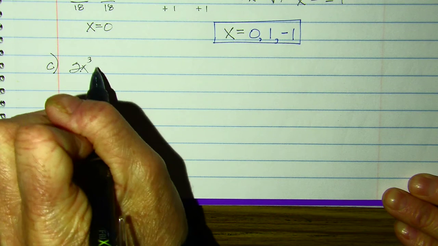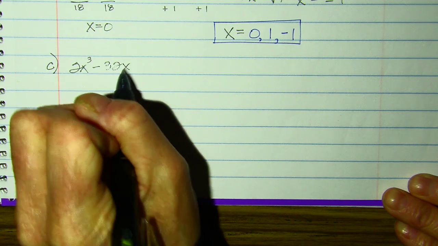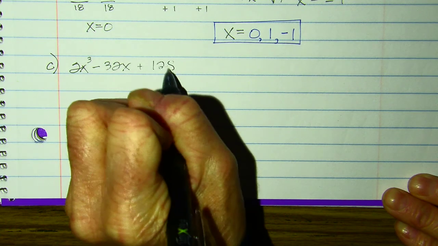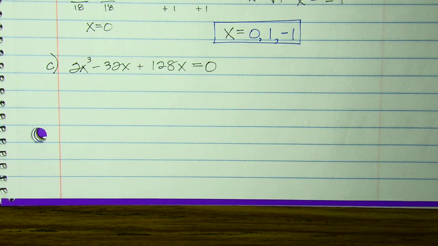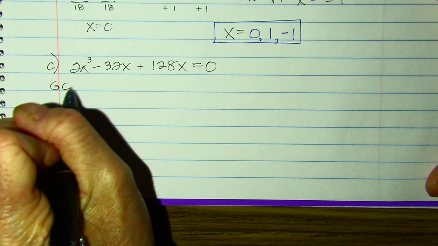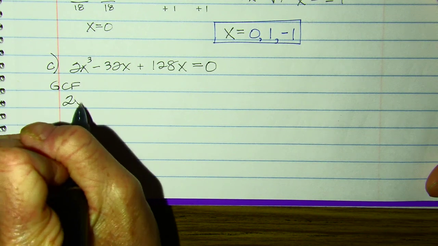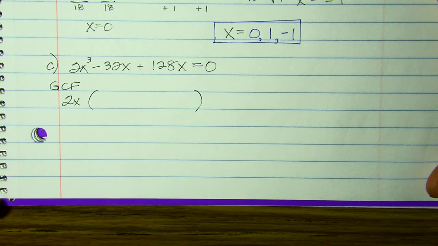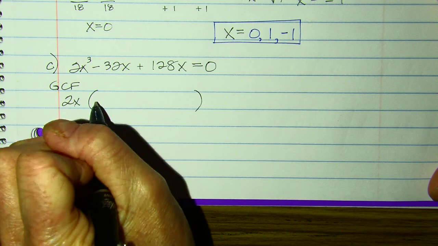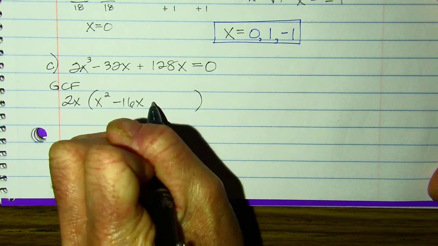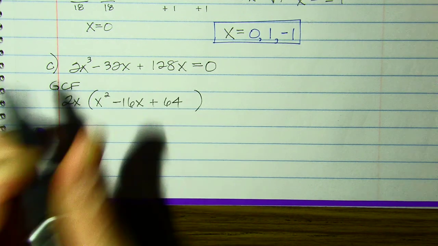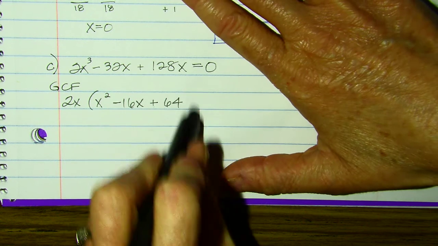2x cubed minus 32x squared plus 128x equals 0. Okay, same steps. I'm always looking for a greatest common factor. I have 3 terms. I noticed the greatest common factor in this one is 2x. So I'm going to divide 2x out of each term. That leaves me with x squared minus 16x plus 64.